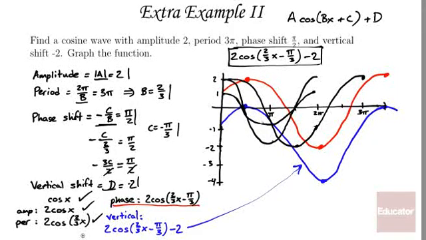In this case, we're changing the period from 2 pi to 3 pi, so that stretches it out horizontally. We introduce the phase shift, which moves it horizontally to the right or left without stretching it. The period was the part where you stretched it. The phase shift just moves it without stretching it. And then finally, we introduced the vertical shift, which moves it up and down without stretching it. In this case, it moved it down.